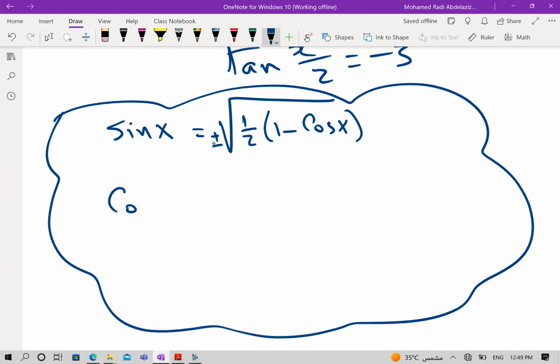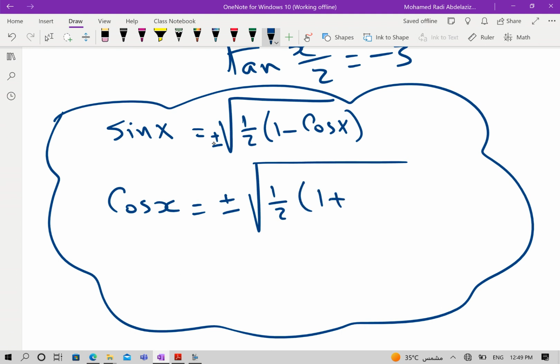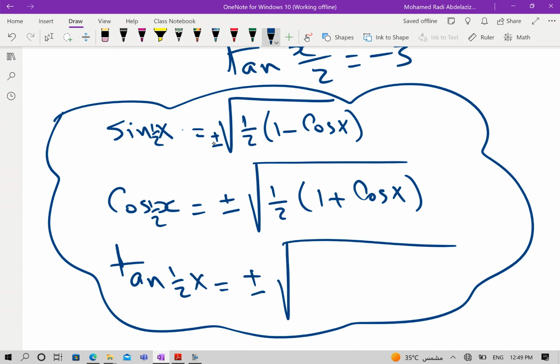If I'm talking about cosine x over 2, positive or negative square root of half, 1 plus cosine x. But for tan half x, I wrote here half x: tan half x is positive or negative square root of 1 minus cosine x over 1 plus cosine x.